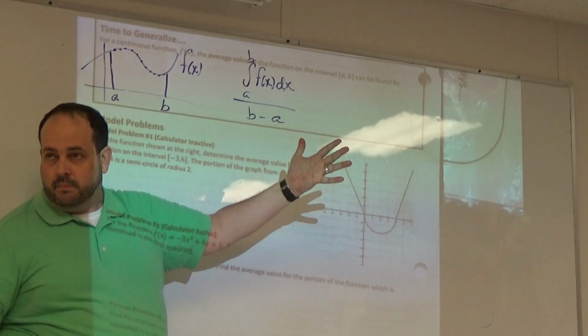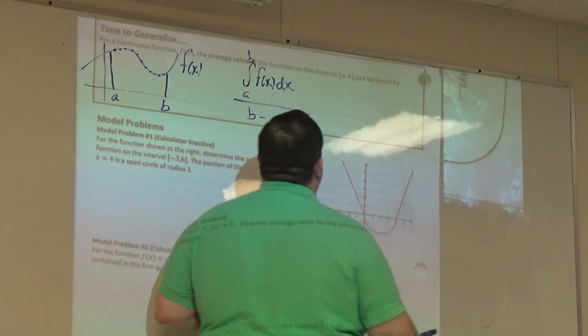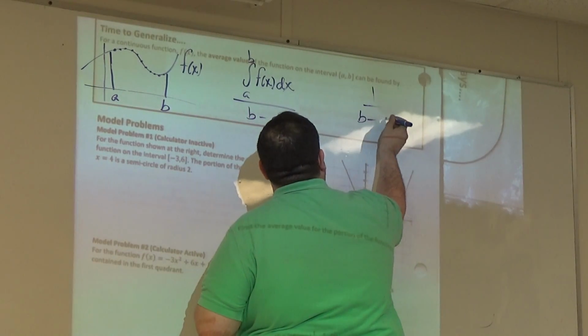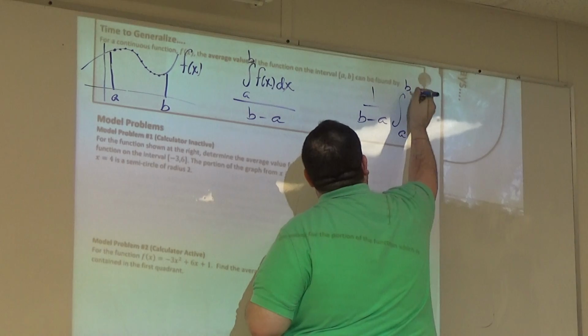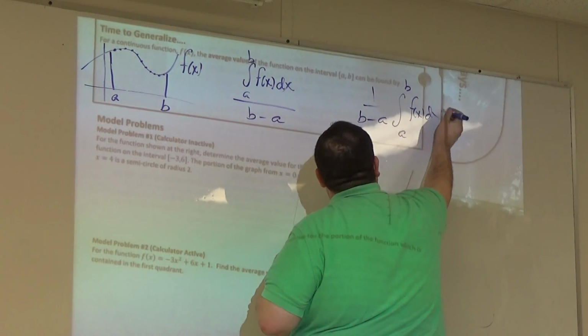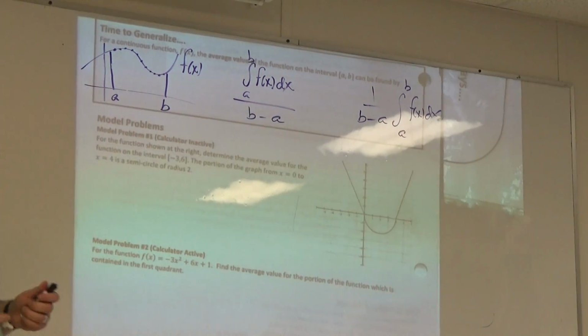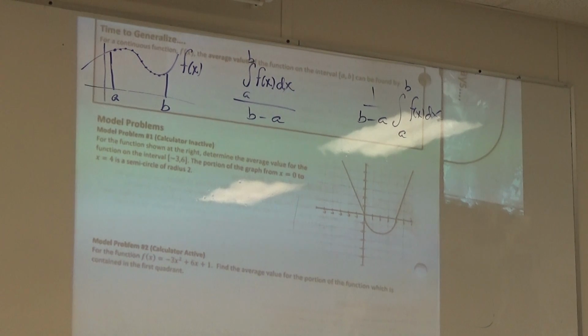Everybody okay? Okay, some textbooks like to write the average value formula this way. Same thing? How many guys are convinced that it's the same? They're exactly the same. Okay. Jonathan, why are they the same?